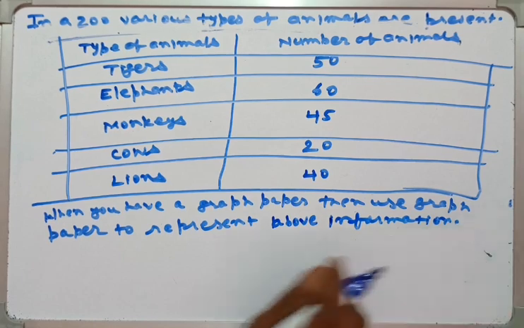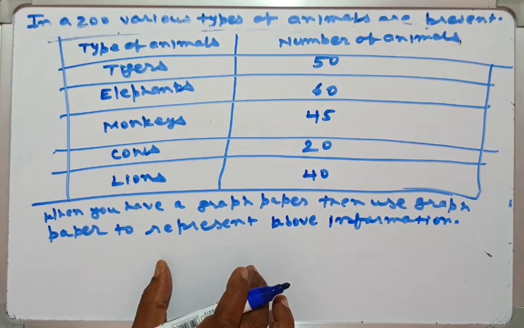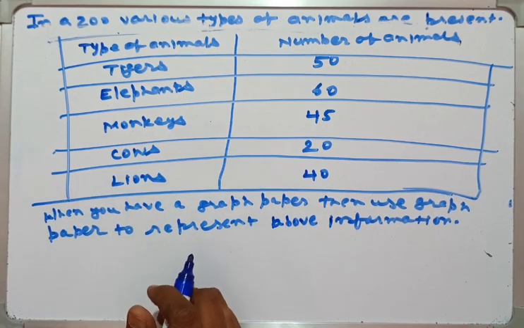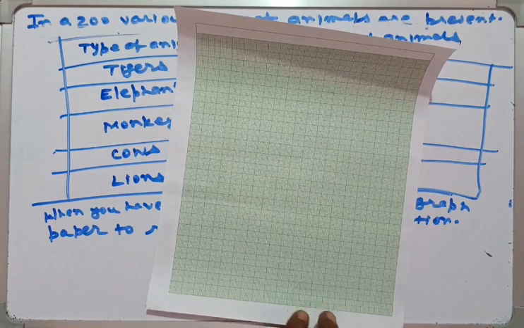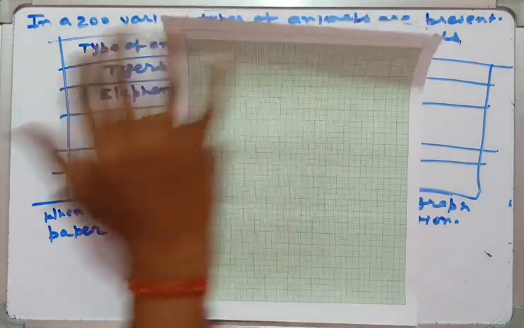So first of all, we here draw this information on graph paper for a vertical graph, and next we will see how to draw a horizontal bar graph on simple plain paper. So guys, see here, this one is a graph paper.